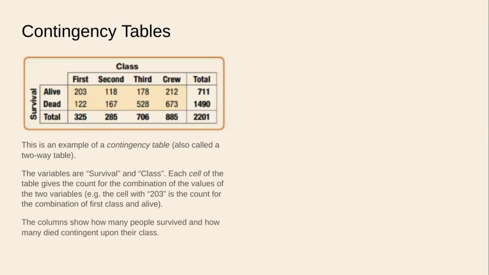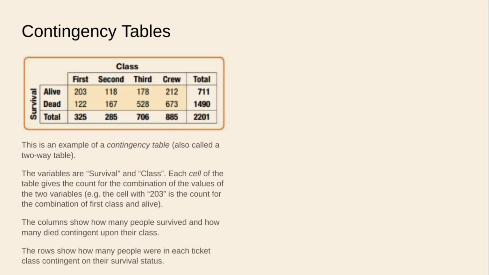The columns show how many people survived and how many people died contingent upon their class. So second class: this column says 118 were alive and 167 were dead, totaling 285 people in the second class.